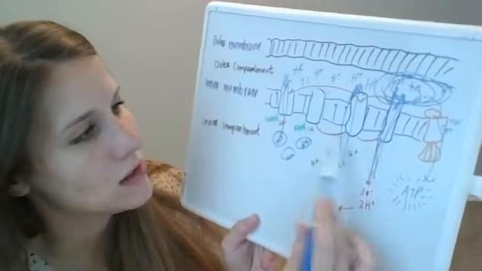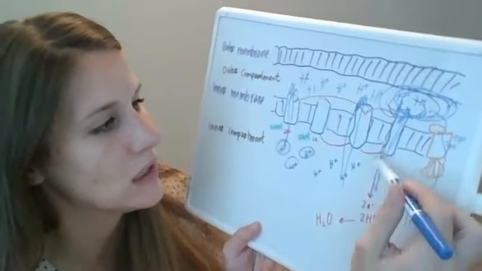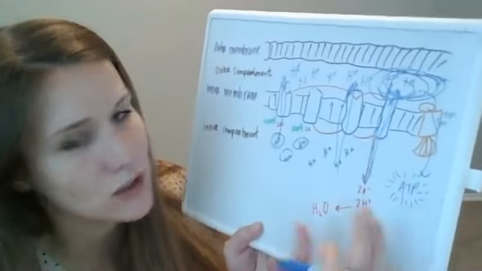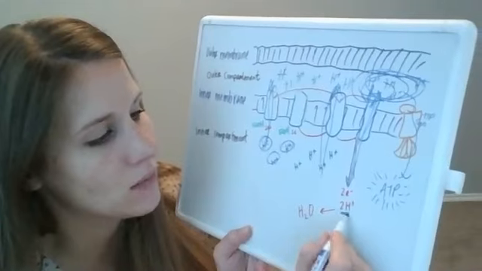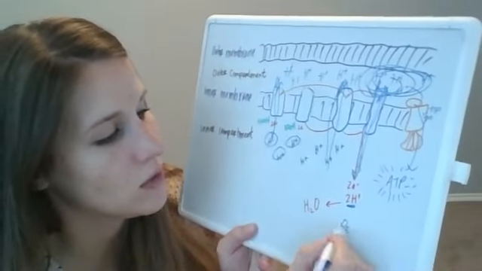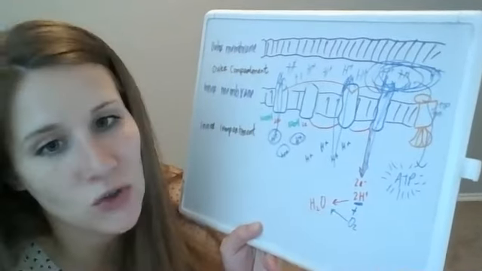So what happens to these electrons at this final little protein? The electrons basically get dumped off. Okay? So the electrons will combine and basically form a hydrogen. Okay? Oxygen will then combine with that hydrogen, and we're going to form H2O.